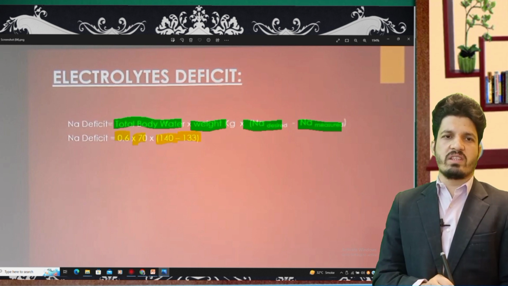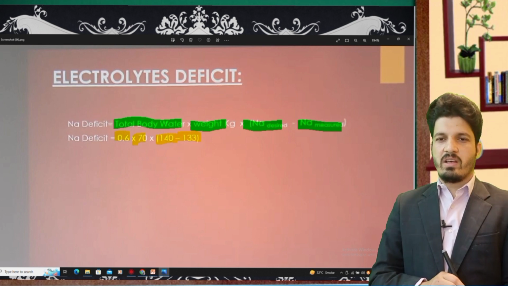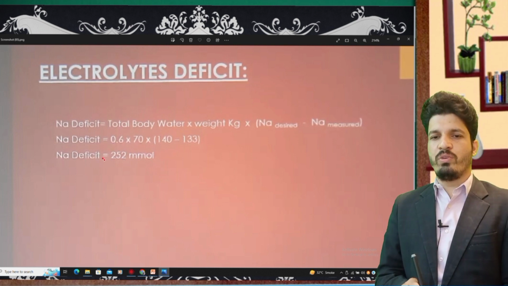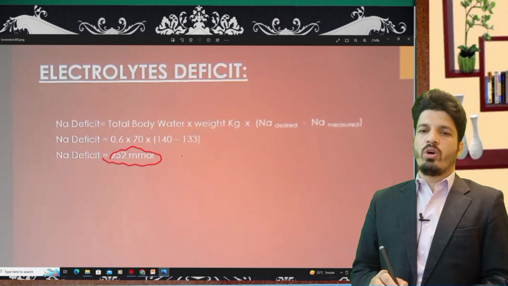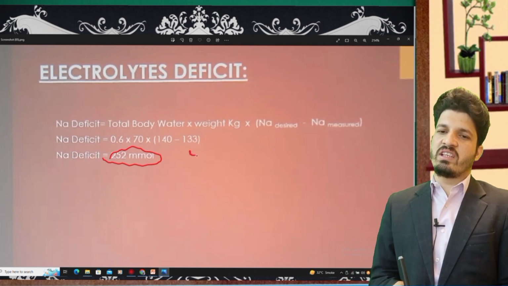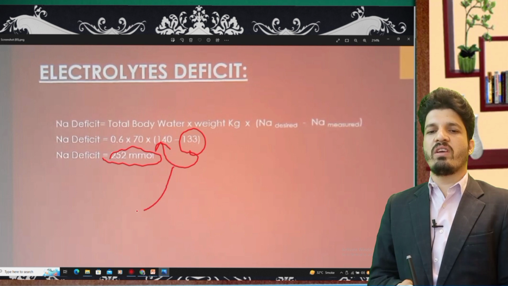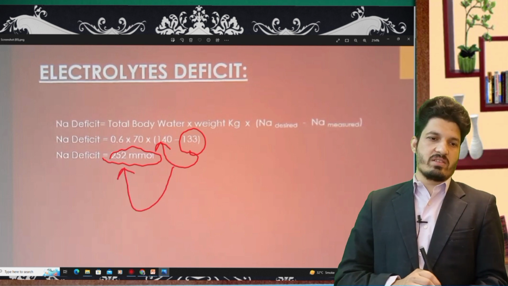When we use the calculator, it comes to 252 millimoles, that's the sodium deficit. So to bring the sodium from 133 to 140, our desired value, we have to give 252 millimoles of sodium. That's the sodium deficit.